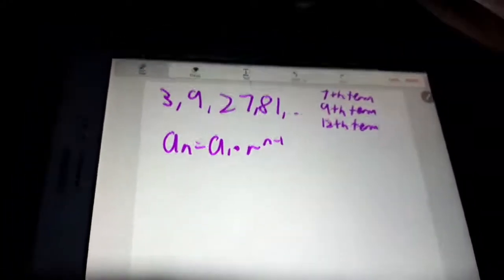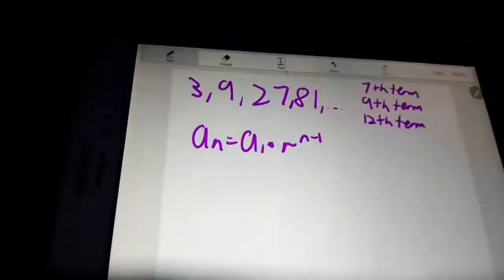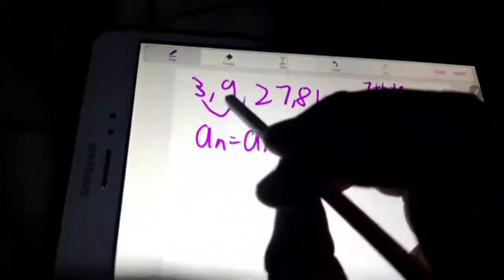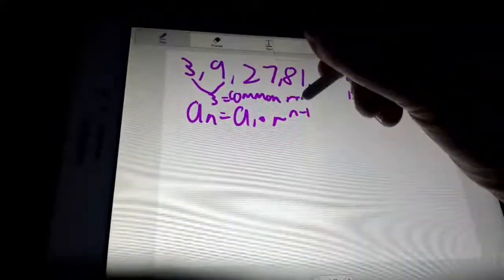So, una po, ulitin ko, just like the arithmetic sequence, kailangang intindihin kung ano ang common ratio. So, 9 divided by 3 is 3. So, ang ilalagay nyo dyan, yung common ratio.